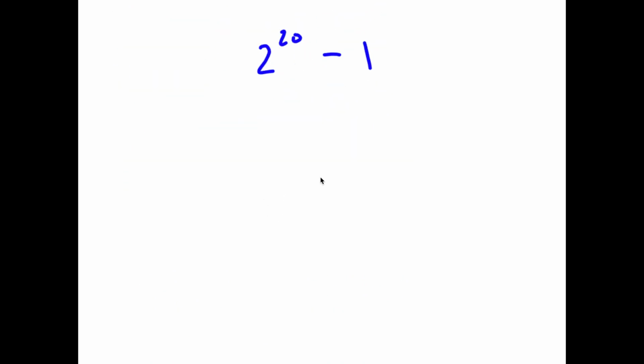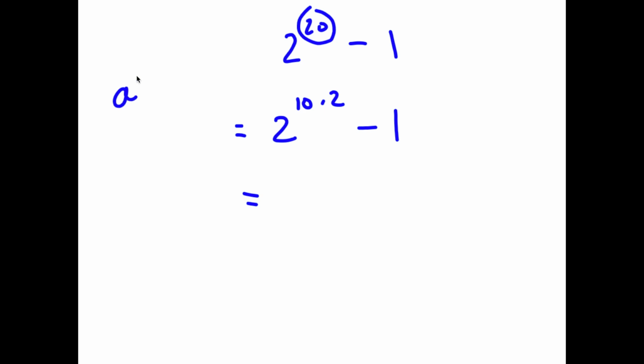Alright, so in this problem, I have 2 to the power of 20 minus 1. So to solve this, I'm going to first rewrite 20 here as 10 times 2. So now I have 2 to the power of 10 times 2, minus 1. And if I have something in the form a to the power of m times n, this is equal to a to the power of m, to the power of n.